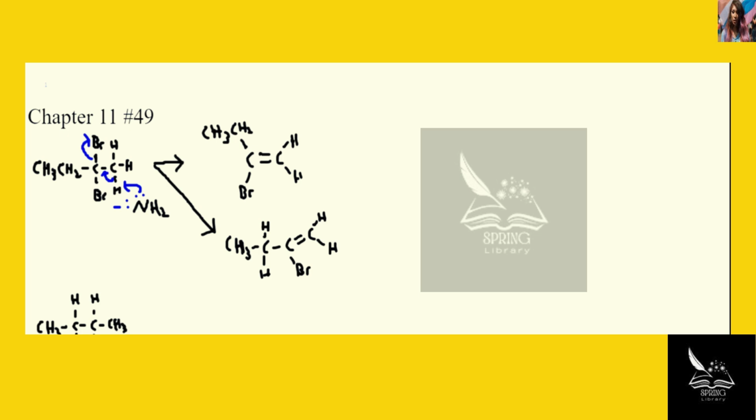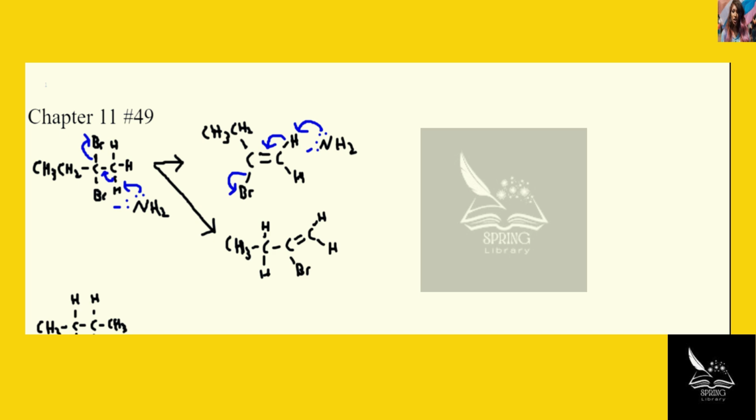And so what's going to happen next in both cases is the sodium amide, the second equivalent. So the NH2, again, two lone pairs and a negative charge, is going to grab another hydrogen. And these electrons can go here, and this other bromine can leave.